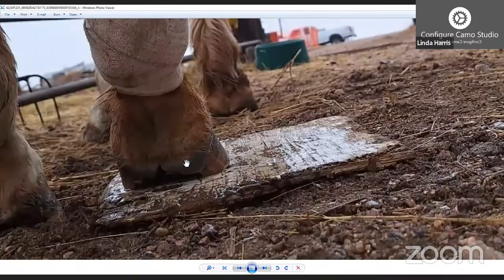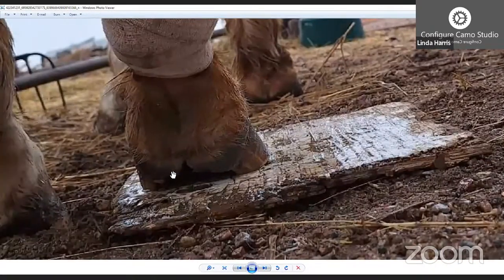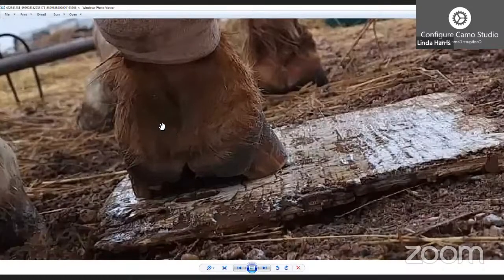Okay, you see this foot here. There is absolutely no frog stay because the whole foot, you see how hollow? Does everybody see how hollow this looks? This is because the whole internal part of the foot here and the bulbs have been pulled down and sucked under and then pushed up into the coffin joint, which pushes the toe down onto the sole, which is probably why he's getting abscesses in his toe because of the pressure.